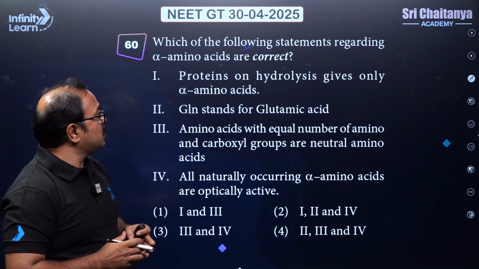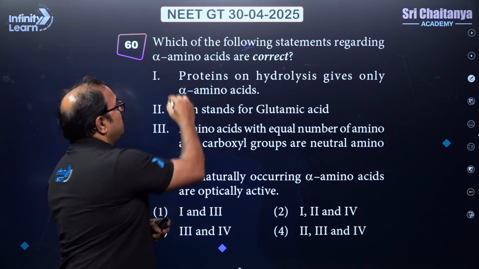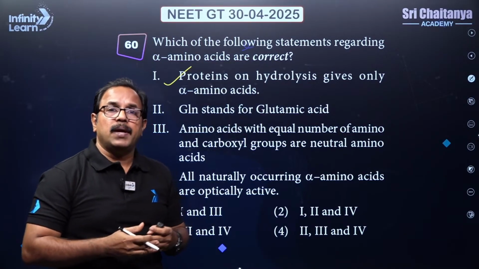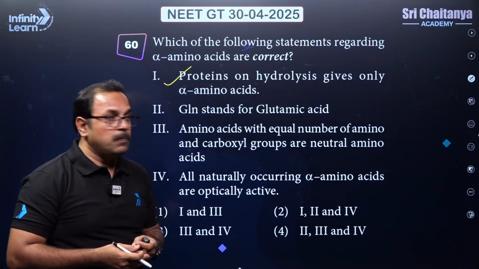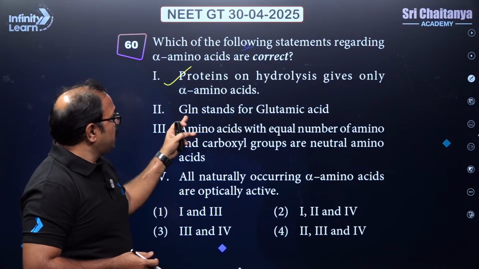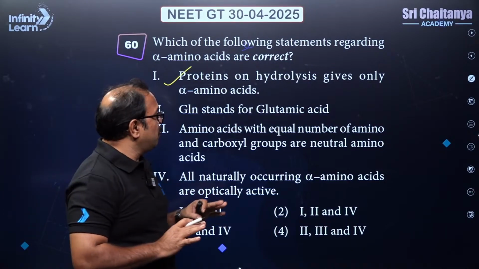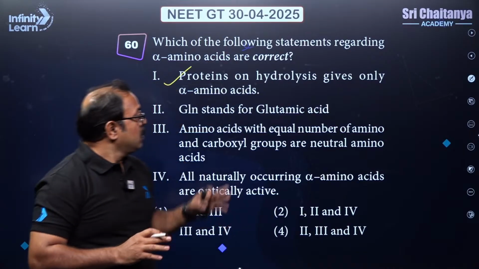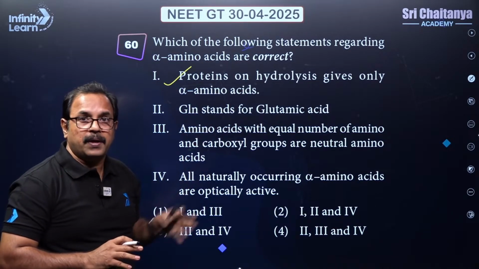Proteins on hydrolysis give only alpha amino acids. This is a correct statement because alpha amino acids combine to form polyamides, polypeptides, and then finally proteins. GLN stands for glutamic acid. It is a bit harsh, but sometimes even if you know three points, he may catch you very strongly at one point.